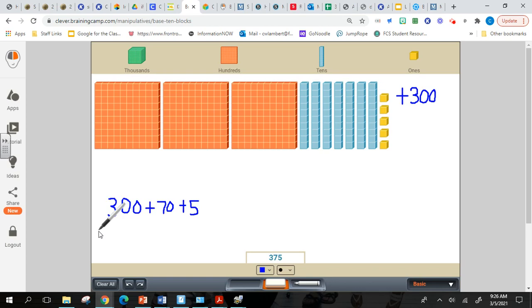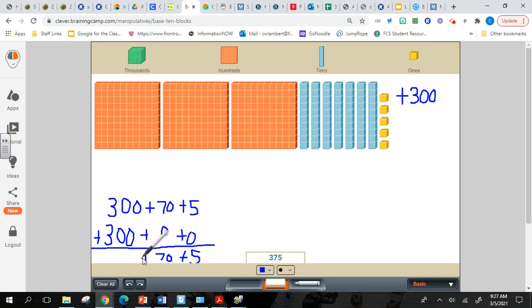Okay, now where we had our expanded form, let's add 300. So what is 300 in expanded form? Well, there's 300. How many tens? There's none. So we put 0. How many ones? None. So we put a 0 there. And now we can add this up. 5 and 0 is still going to be 5. 70 and 0 is going to be 70 still.